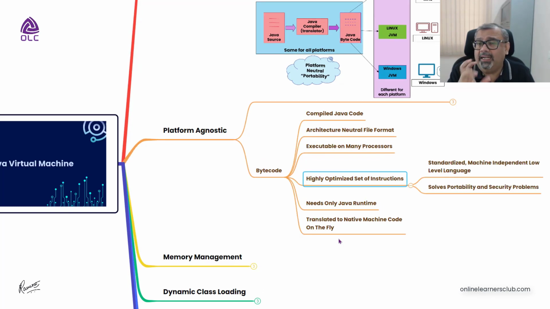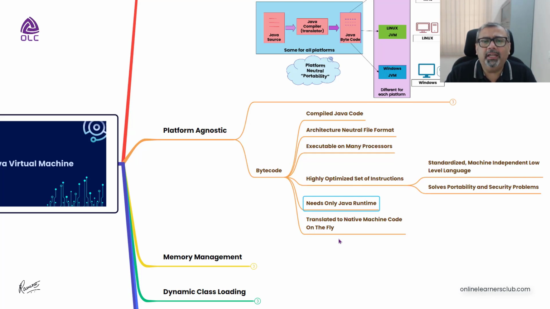It is standardized, where it gets converted into a machine independent low level language, the binary language we could say, and solves the portability aspects of Java. Any other security problems are also taken care of. So the bytecode is a very important element of the Java programming environment and Java applications.